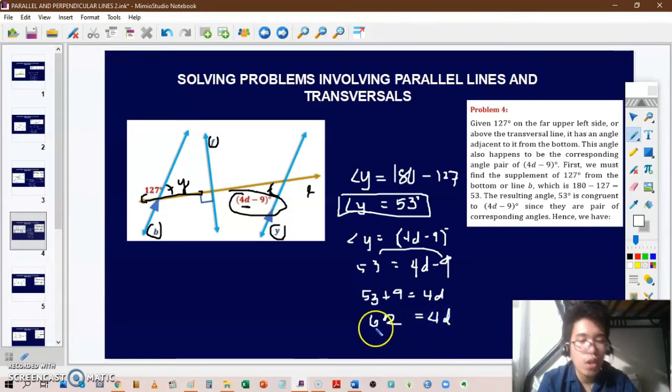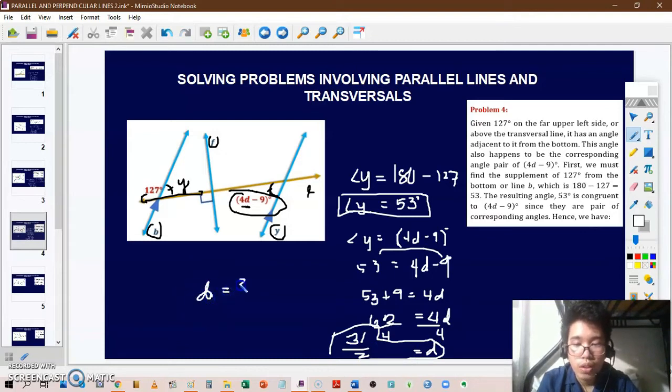Then 62 divided by 4, and 4 divided by 4, so we get here D. And the value of 62 divided by 4 is 31 over 2. So there you go. Our answer here, the value of D is equal to 31 over 2, or simply 15.5.